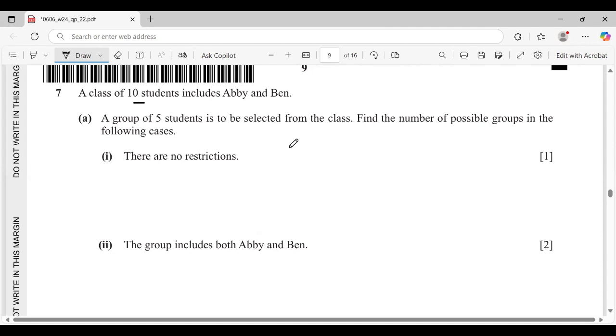So we use the combination formula to find the solution for this question. This is the combination 10 choose 5, and if you calculate, the result is 252 possible groups. The second, the group includes both Abby and Ben.